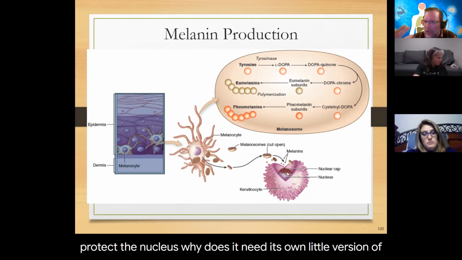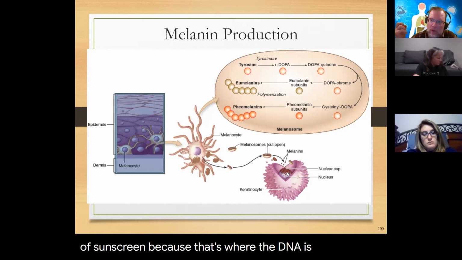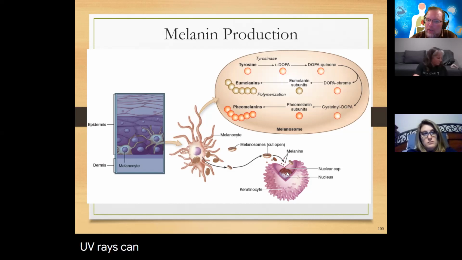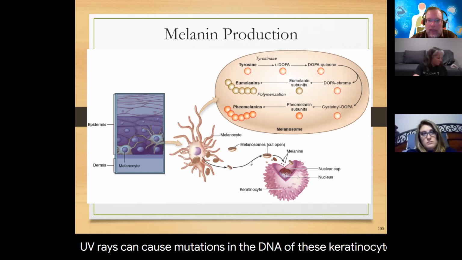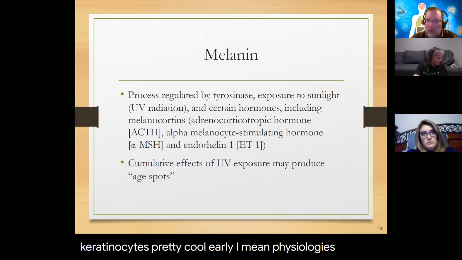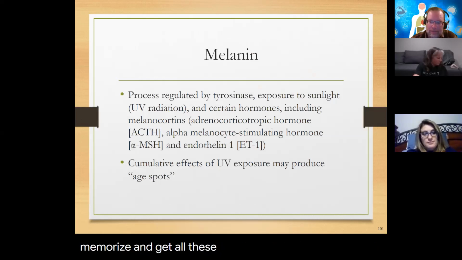Because that's where the DNA is stored, and UV rays can cause mutations in the DNA of these keratinocytes. Pretty cool, really. Physiology is fascinating. But again, I don't want you to feel like you have to memorize all these patterns of events. You do that later next year.